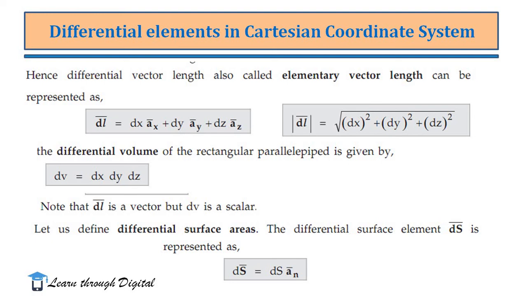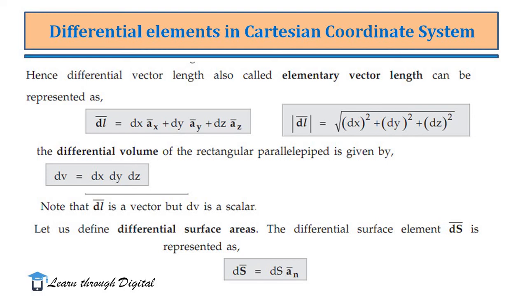The diagonal of the parallelepiped is the differential vector length. The differential volume is given by dV equals dx dy dz. Note that dl vector is a vector quantity but dV is a scalar.